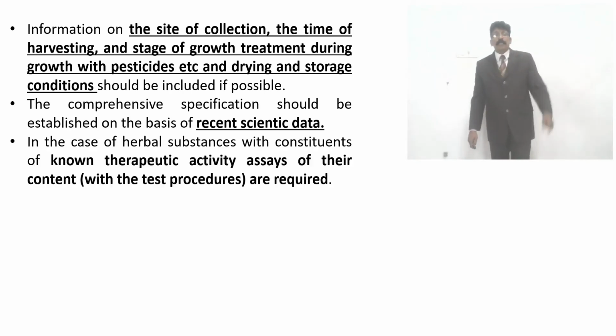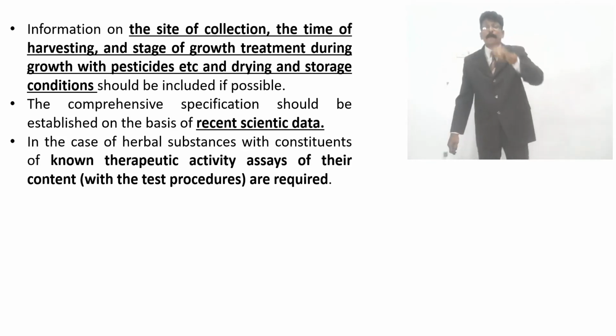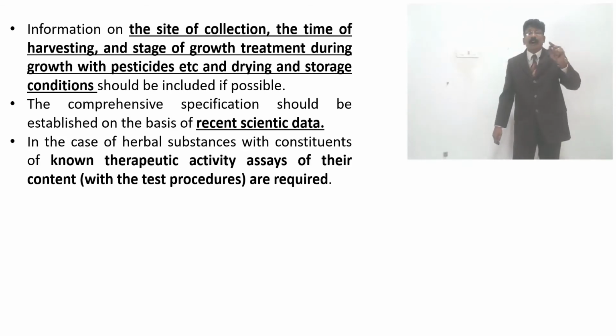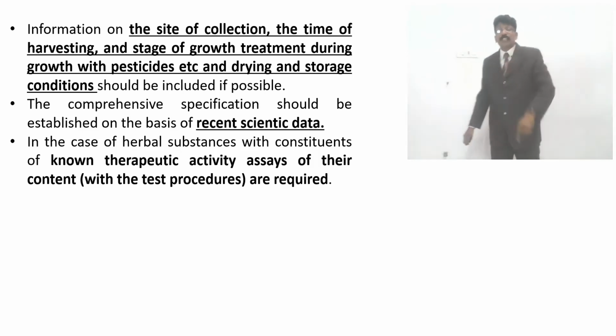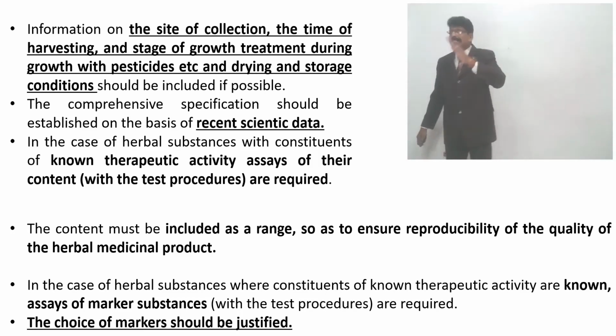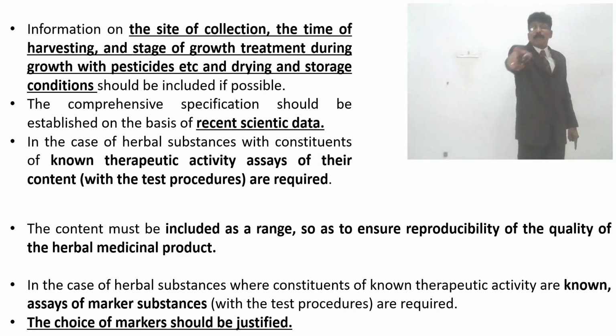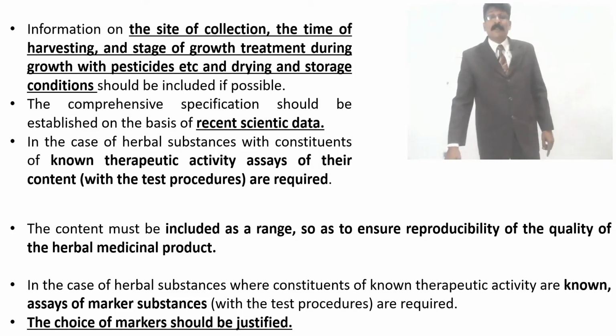In the case of herbal substance with constituents of known therapeutic activity, assays of their content with a test procedure are required. The content must be included as a range so as to ensure reproducibility of the quality of the herbal medicinal product.